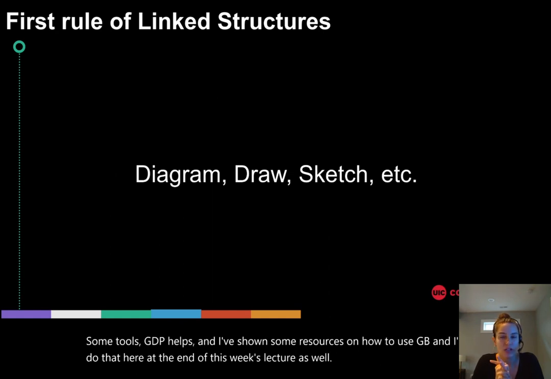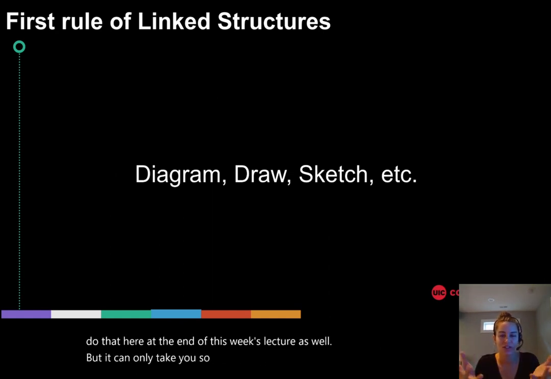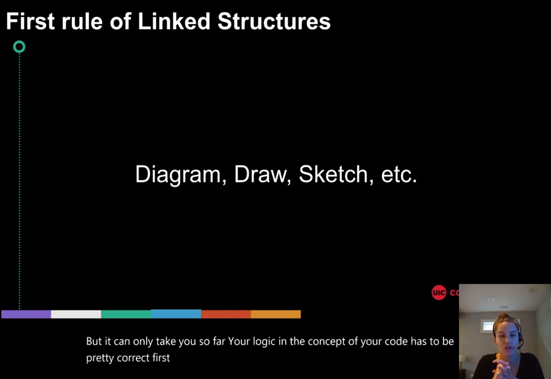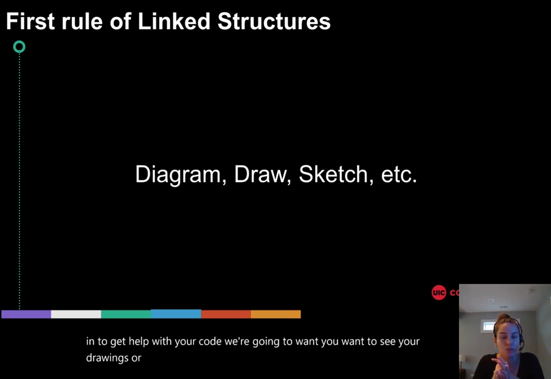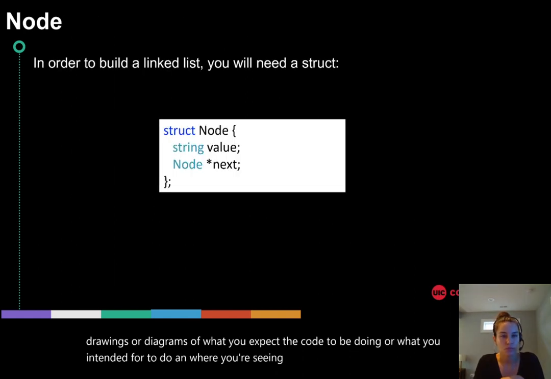But it can only take you so far. Your logic and the concept of your code has to be pretty correct first before that can really help you too much. So when you come in to get help with your code, we're going to want to see your drawings or your diagrams of what you expect the code to be doing or what you intended for it to do and where you're seeing that it breaks.